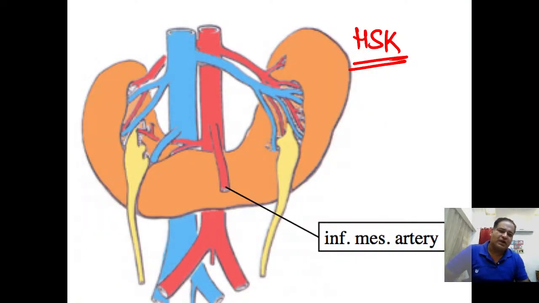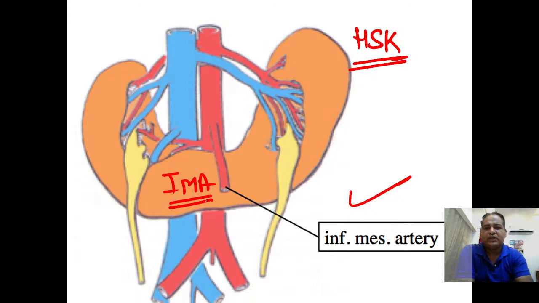this artery called the inferior mesenteric artery will not allow the kidney to ascend up. So they are commonly seen lying around the pelvis, very much lower than their normal position.